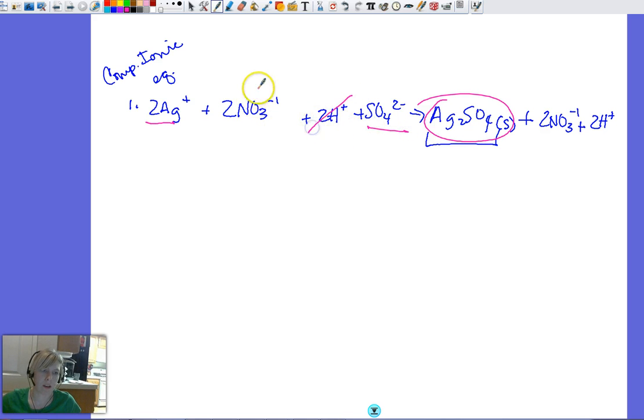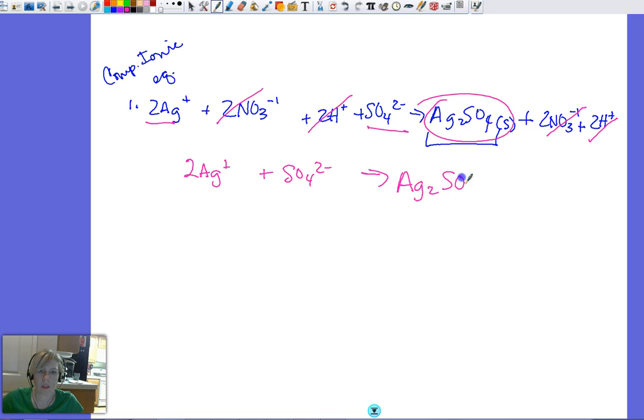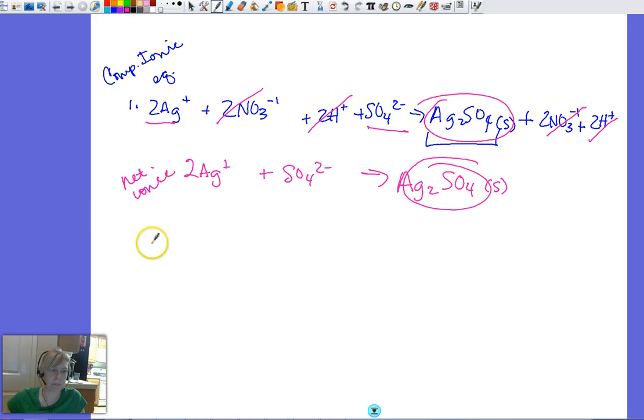So I can cross out our spectator ions, and when I rewrite it, I'll have 2Ag plus SO4 2 minus gives me Ag2SO4 solid. So this is the net ionic, just the items involved in making the precipitate.